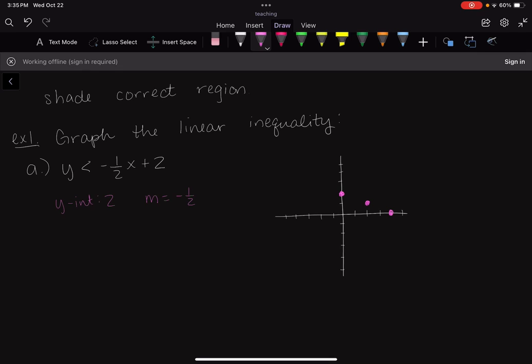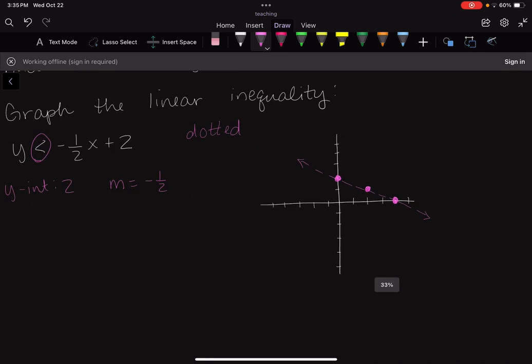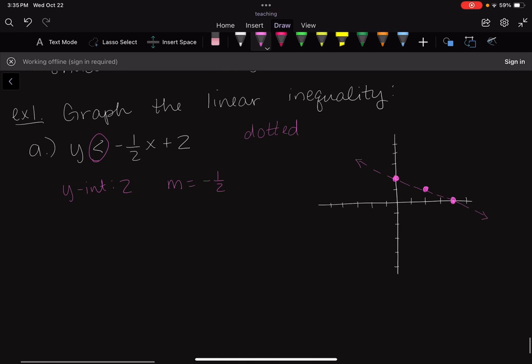Now, because this is a less than symbol, it doesn't have the equal to bar. This is going to just be a dotted line through here. So we don't want a solid line. This is a dotted line. Then you want to shade the region that will have correct answers.